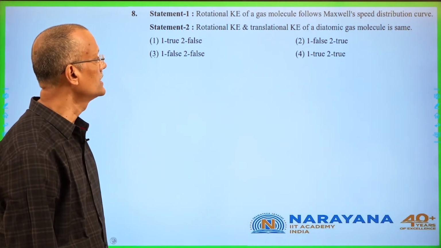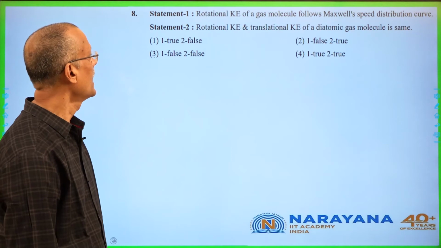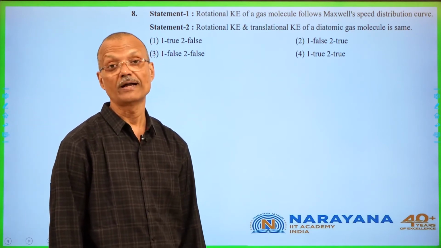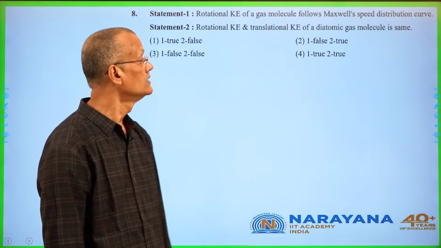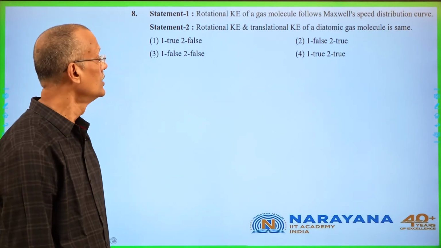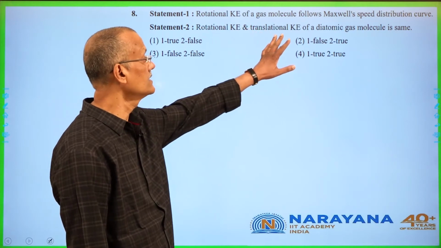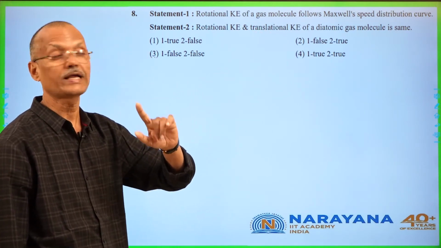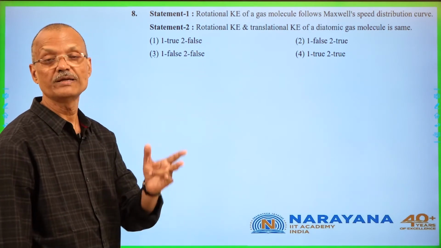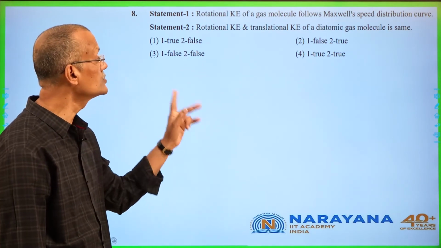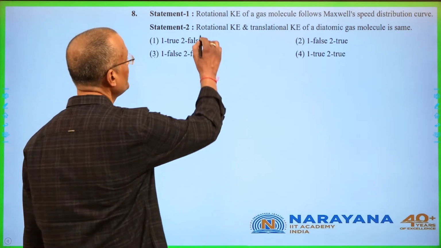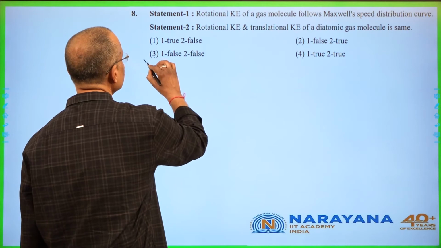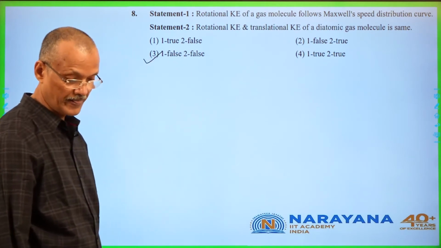So it will become 3 by 2 kT, and rotational kinetic energy has 2, so 2 by 2 kT. These two are not equal. So statement 2 is wrong, statement 1 is wrong. So your answer will be number 3.